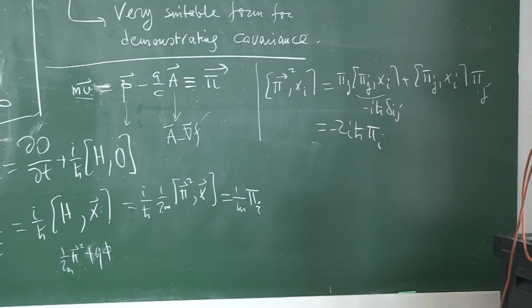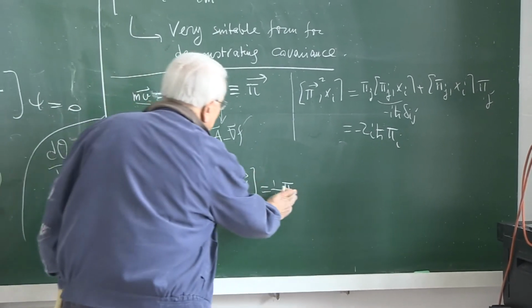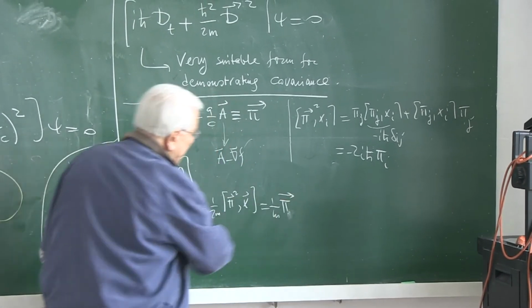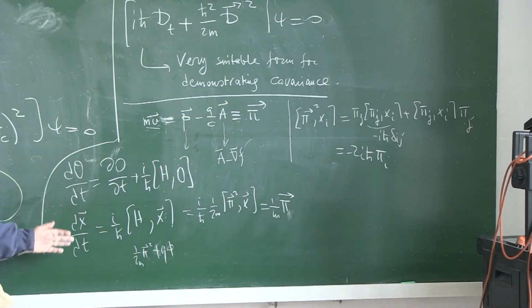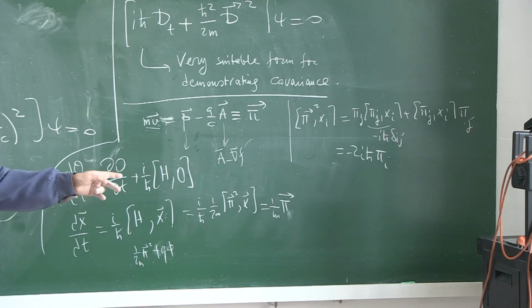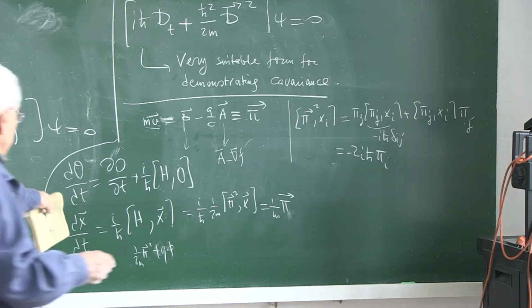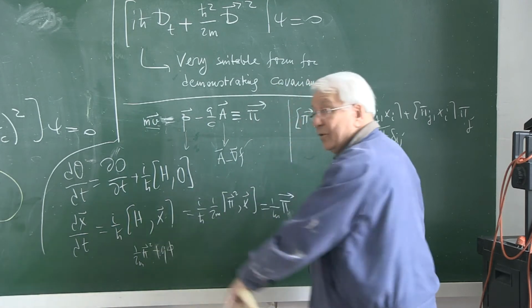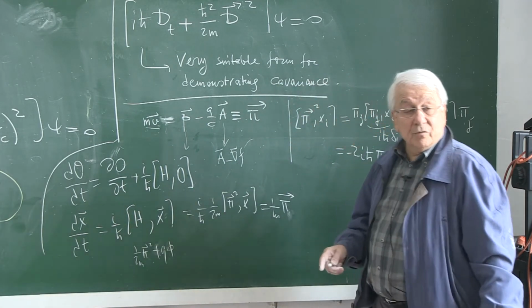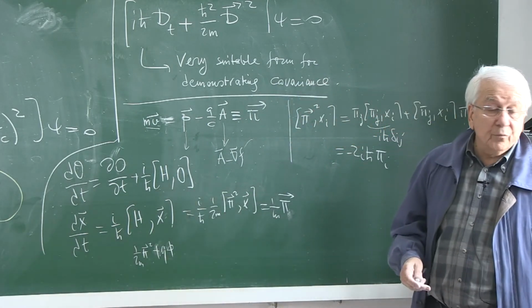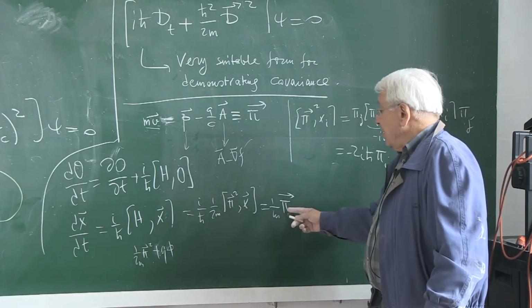Compare these two equations. Now let me put back the index to the arrow so that we are consistent. dx/dt is 1 over m times pi. So that is really verifying my identification of the velocity with pi, right? Because dx/dt, the time derivative of the position operator, is the velocity operator, is 1 over m pi.